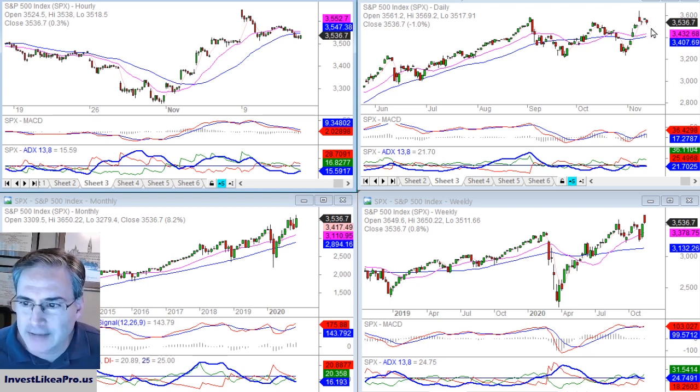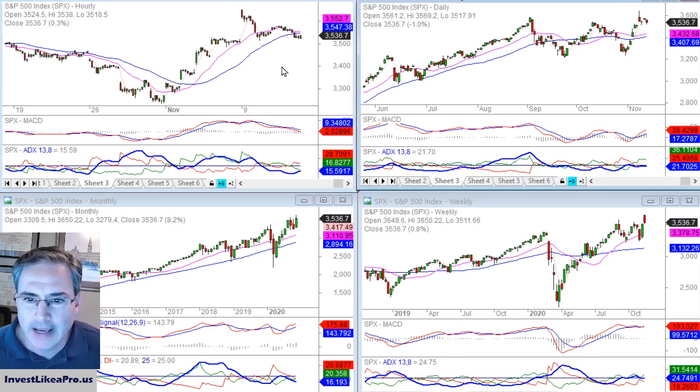I'd prefer to actually see this dip down a little bit more, get a little bit closer to these moving averages, but really 3,500 is support. And if we get this to play out this way, I think this is a pretty good setup for a new move to the upside, or a continuation to the upside, I should say.